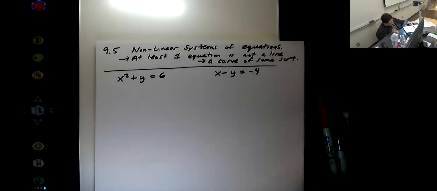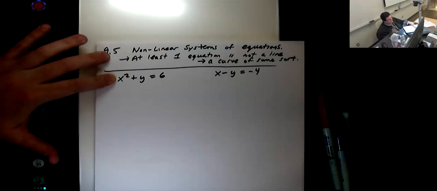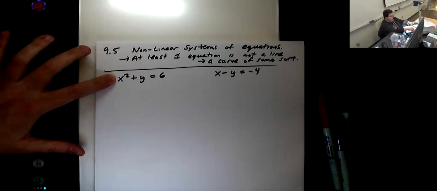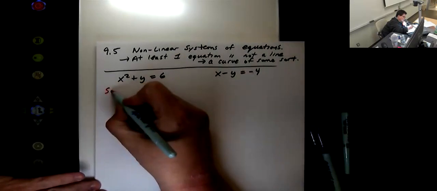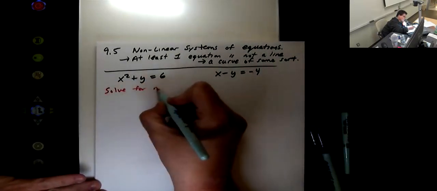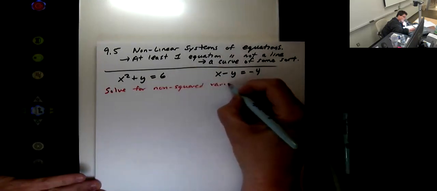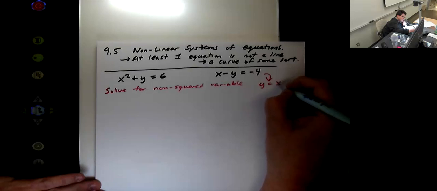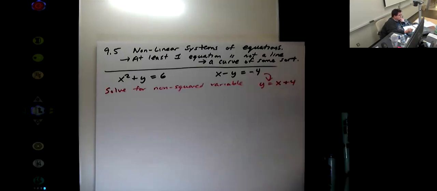So x squared means there's going to be 2 answers that meet this one. So maybe the best way to find this is to combine these where I just have x's left. Let's solve one of these for y, the non-squared variable. If I do that here, this makes y equals x plus 4.